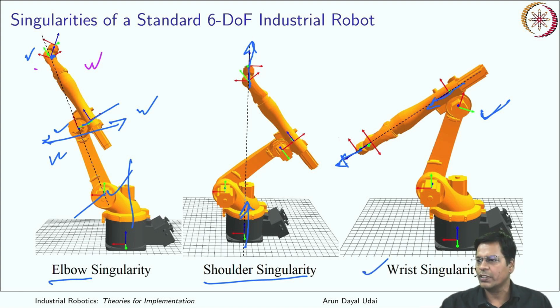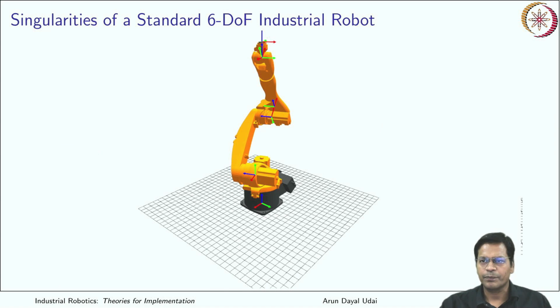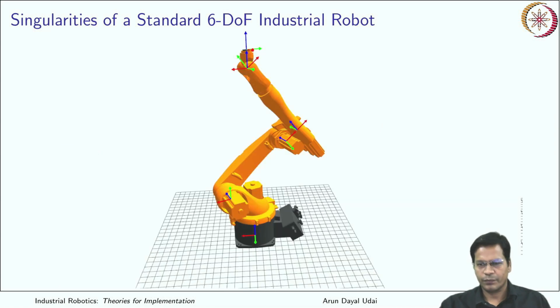I can show you even with this robot. You see this axis, the axis over here and the axis over here, both are in line. So you can move like this, and you can move like this.